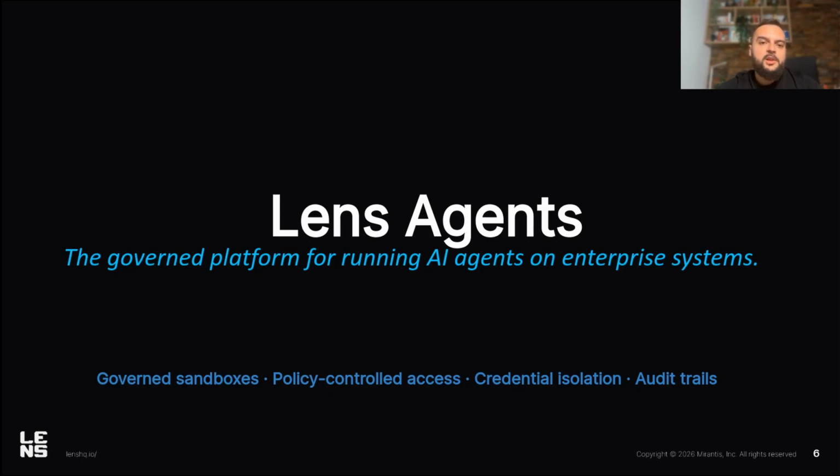We have four pillars here: governed sandboxes, policy-controlled access, credential isolation, and audit trails. And it governs three kinds of agents in the same way: desktop tools like Claude Code or Codex, external autonomous agents that run in any framework, and agents that are built directly on the platform as well.